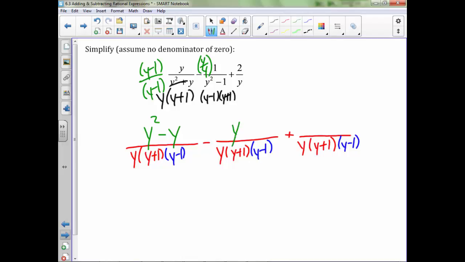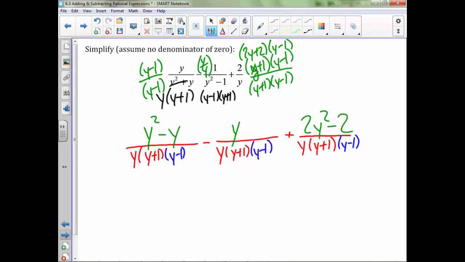This last one, we actually need a y plus 1 times a y minus 1. And when we distribute this 2, we'll get 2y plus 2 times y minus 1. And when we distribute those two together, we'll end up with 2y squared minus 2.